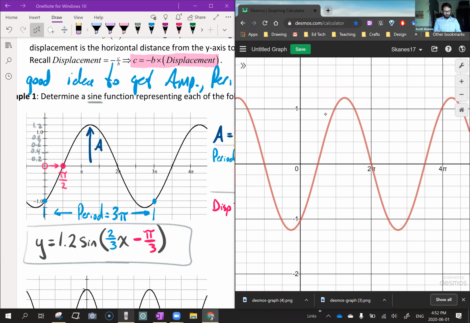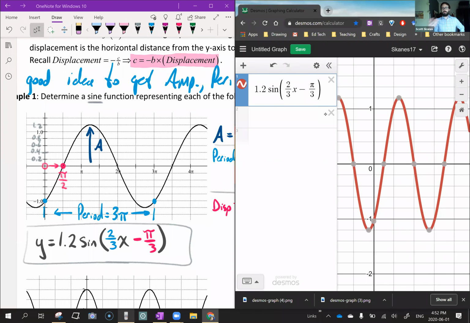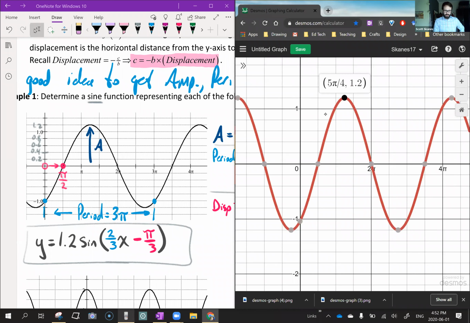Let's check some values. What's the amplitude? Again, I'm using the equation that we just found to compare. The maximum is 1.2. That's good. The minimum point, also 1.2. The displacement is extremely important. The displacement here is pi over 2. What else do we have? We have period. Is the period 3 pi?